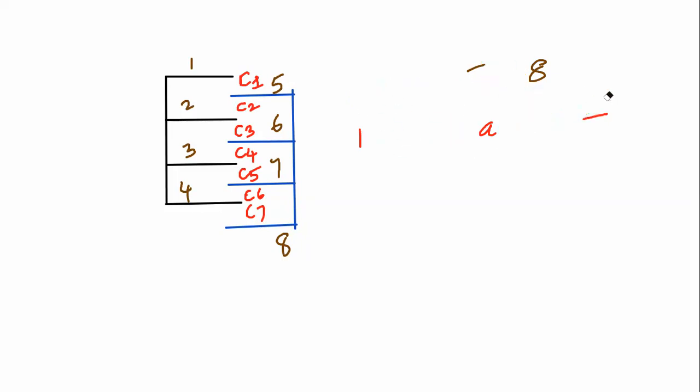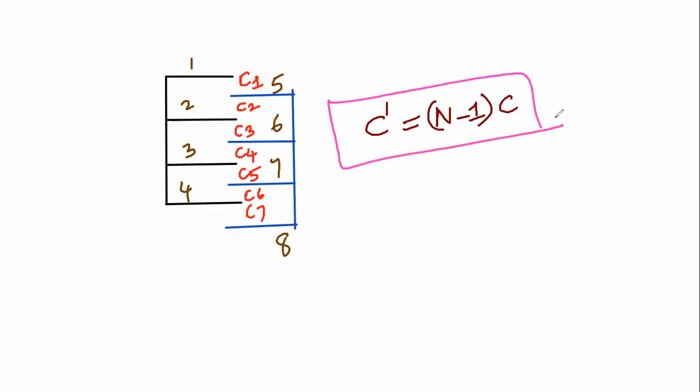If identical plates are connected alternately to form the capacitors, then the number of capacitors will be n minus 1, so the capacitance will be equal to n minus 1 into C. If n plates are connected alternately, the number of capacitors will be n minus 1.